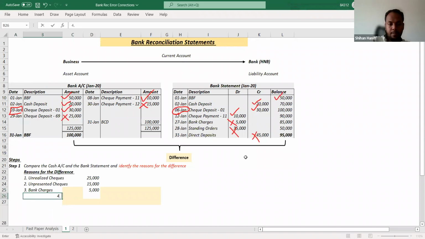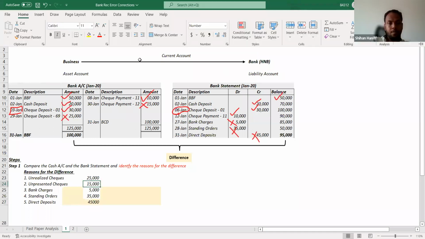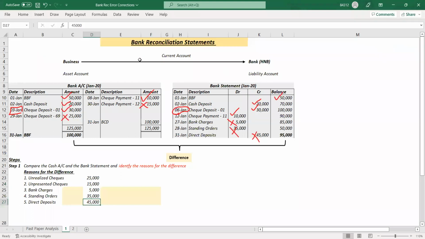Then standing orders, 35,000. Direct deposits, 45,000. So these are the differences. There are 5 differences.